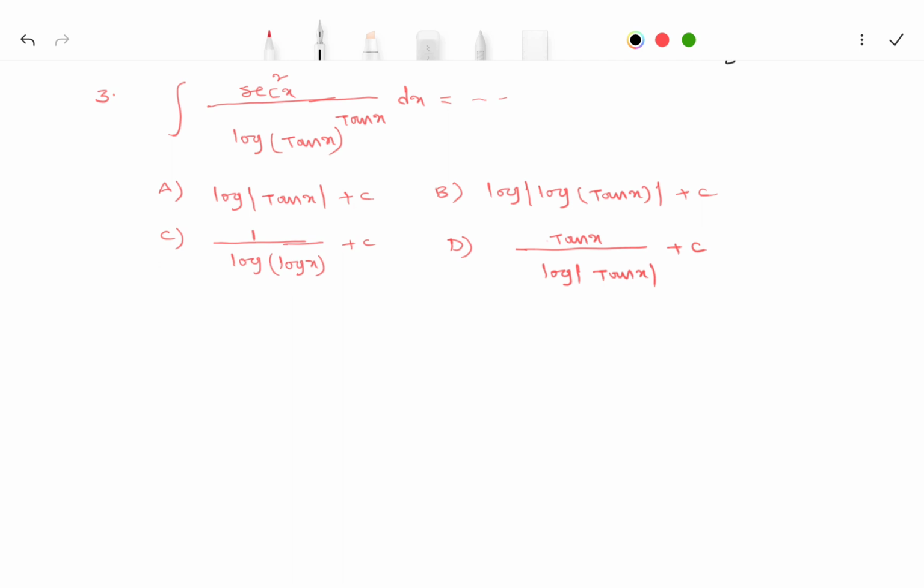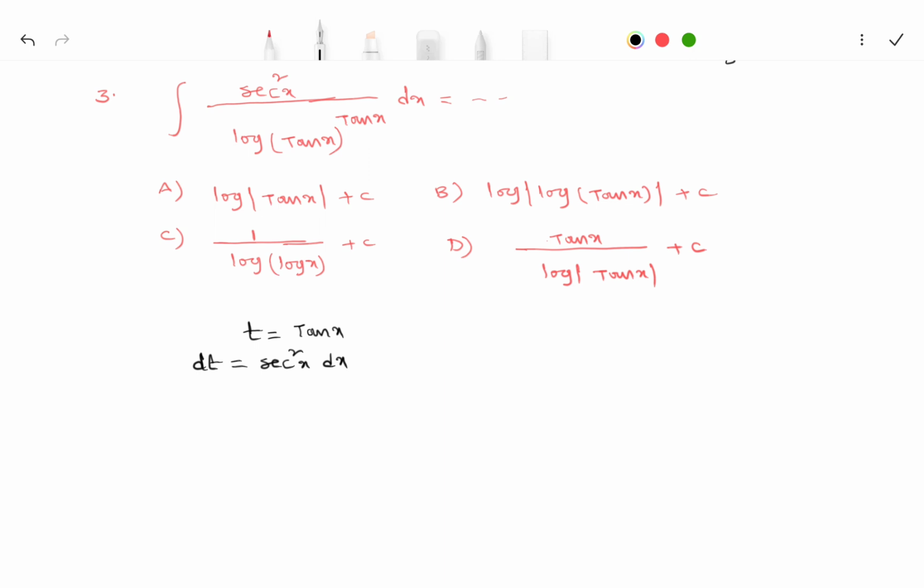Now in this problem, take t equals tan x. Why are we taking tan x as t? Because you know the derivative of tan x is secant square x. So differentiating with respect to x, dt equals secant square x into dx, right?